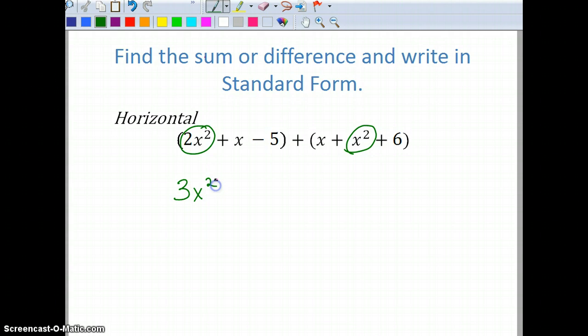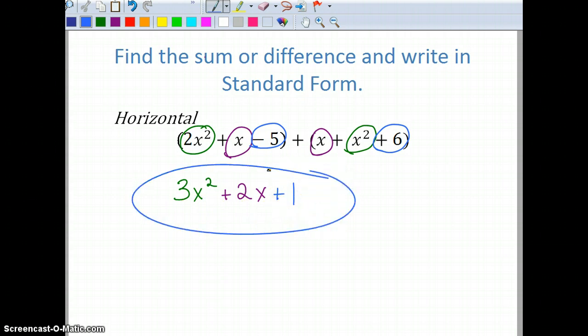That gives you 3x squared. My next one, a positive x combined with x plus 2x. Negative 5 plus 6. Let's just plus 1. I double check to make sure I'm in standard form, and I am. And that's my solution. The one thing that's a little bit challenging about the horizontal method is sometimes if you're not careful, you can leave out a term. And you want to make sure that you do not do that.